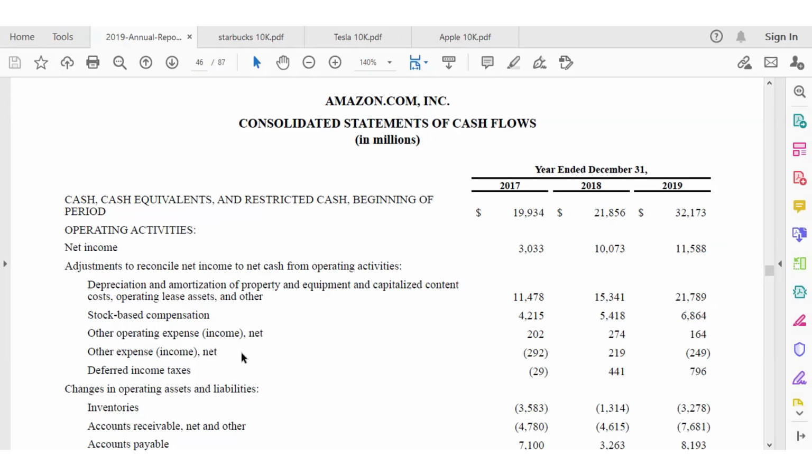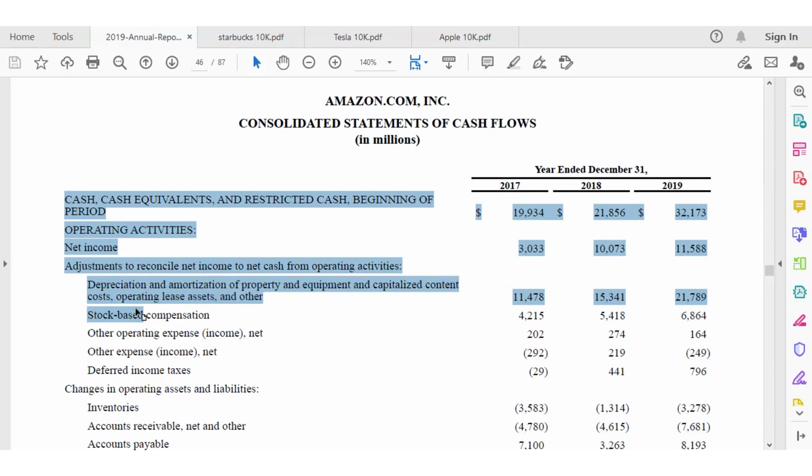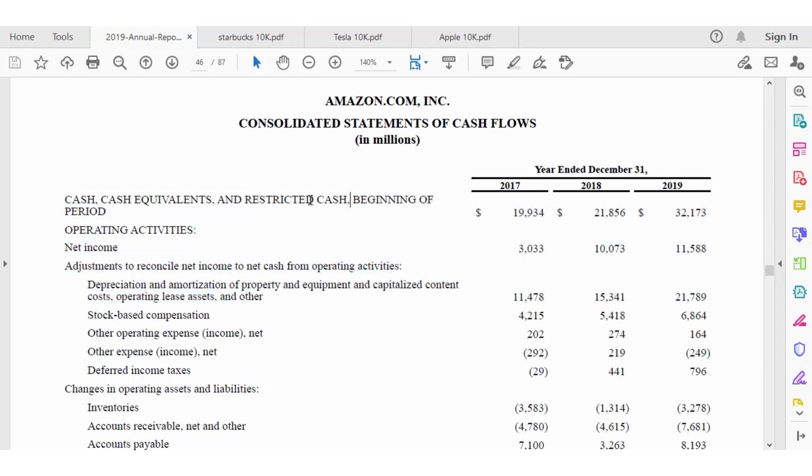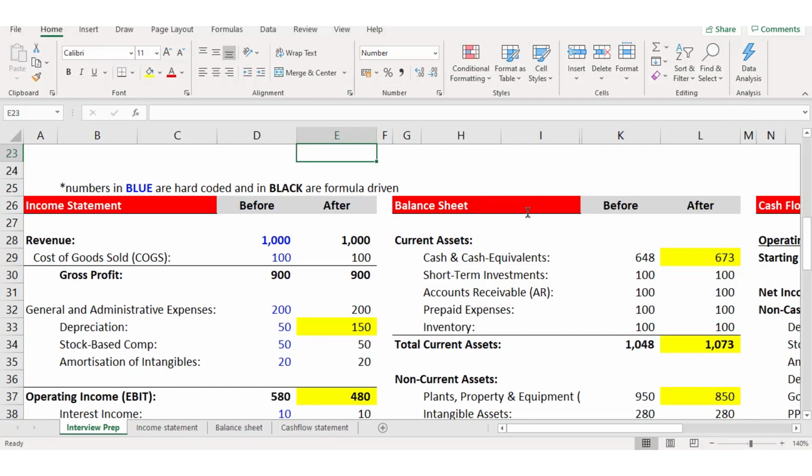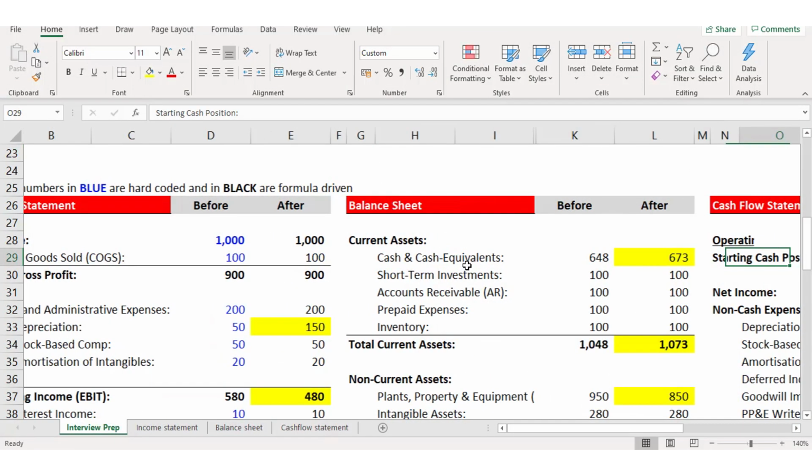So now let's take a look at a few real examples. Let's start off with Amazon. So this right here is Amazon's statement of cash flows. And here you have the years, and on the left hand side are the line items. Now remember, at the very beginning it's going to give you the starting cash position, which we have right here.